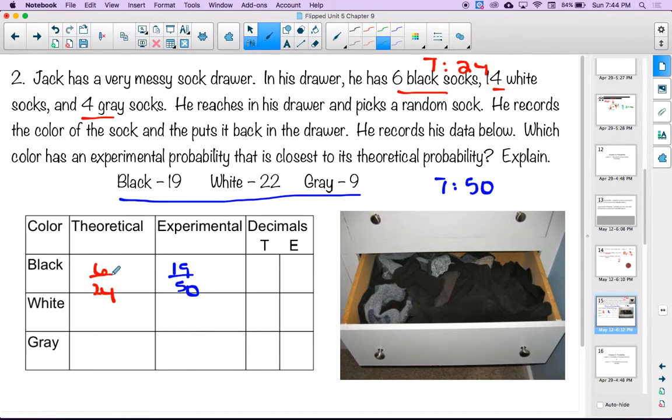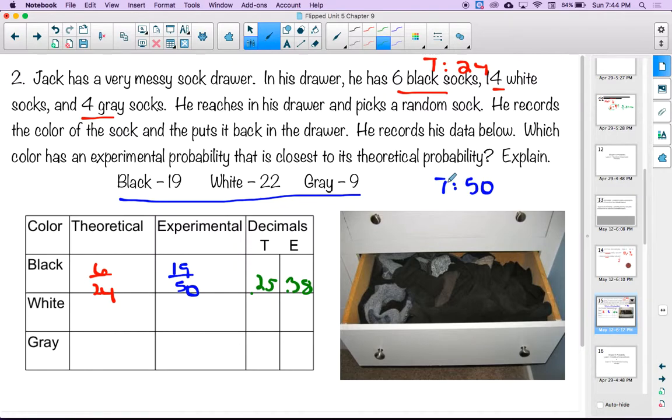So to do that, we do a division problem, 6 divided by 24. I'm going to speed things up here and tell you that the decimal for the theoretical probability is 0.25. It's 25 hundredths. Experimental, 19 divided by 50 is 0.38 or 38 hundredths.